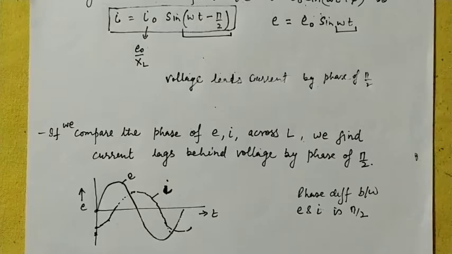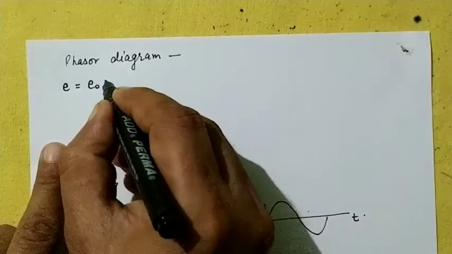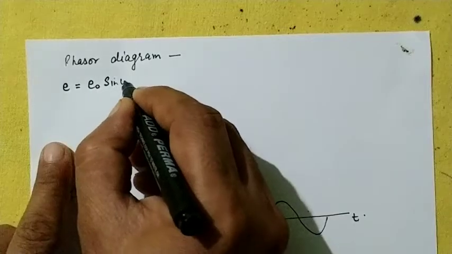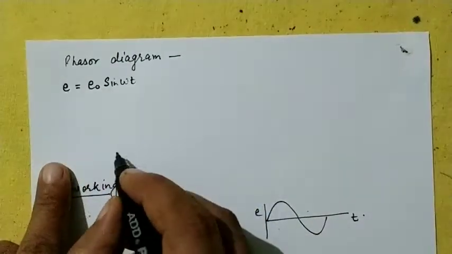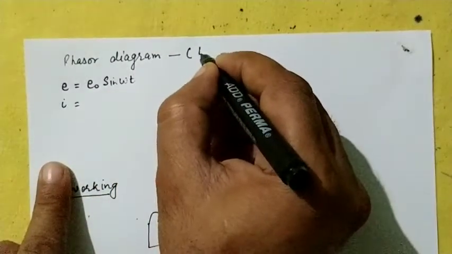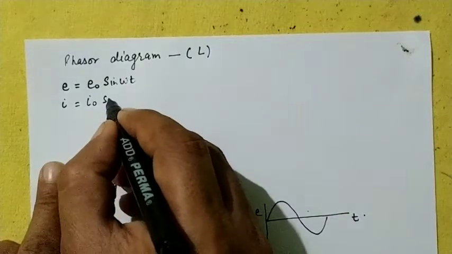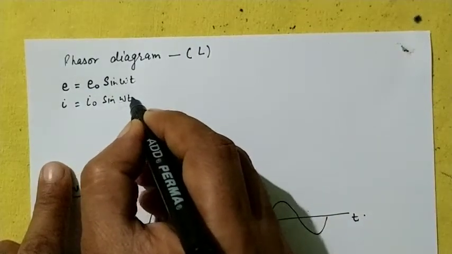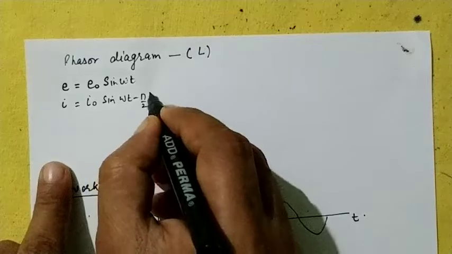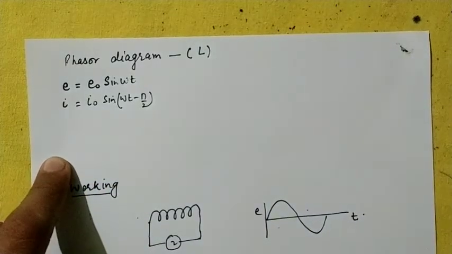Now more conventionally we can represent it by the voltage supply E is equal to E naught sine of omega t, and the current equation across the inductor L is equal to I naught sine of omega t minus pi by 2, that is, it lags behind the phase of voltage.